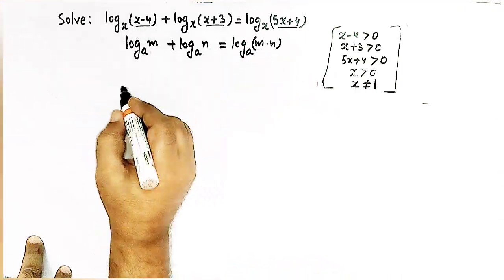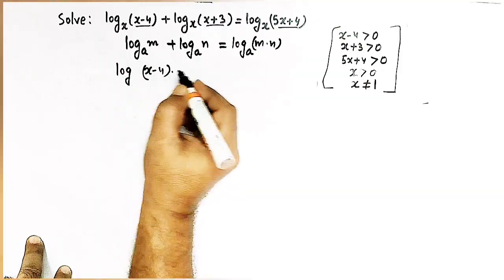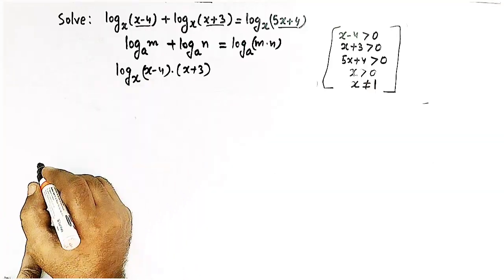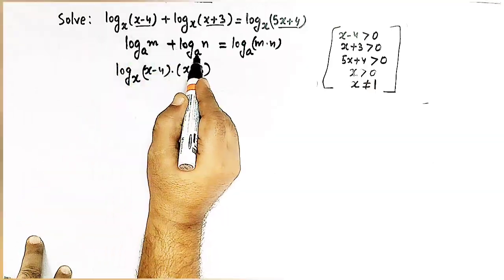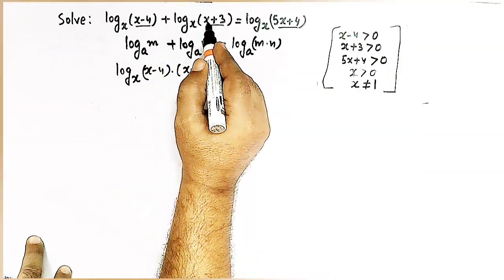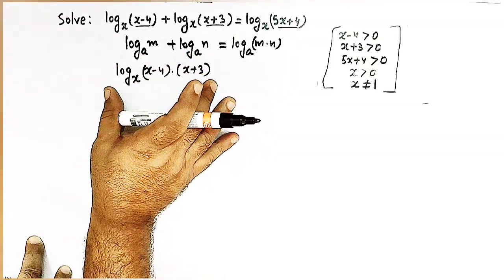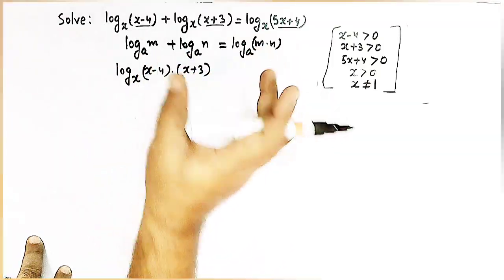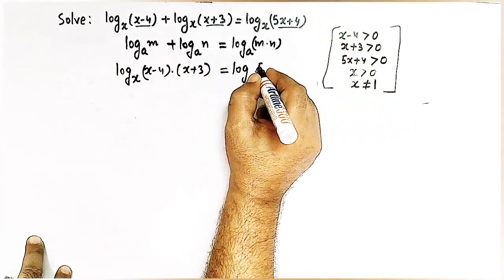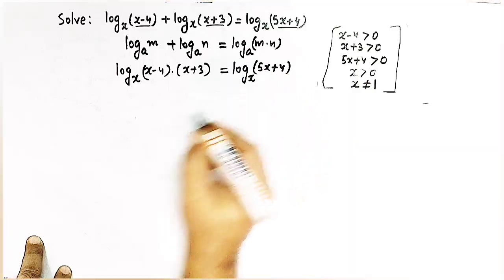So here we have logarithm of x minus 4 times x plus 3, and here the base is x, right? So here a can be taken as x and m is x minus 4 and n is x plus 3, right? So we can write the left hand side like this using this property, and in the right hand side we have log of 5x plus 4 to the base x, right?